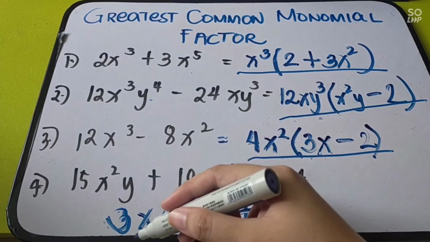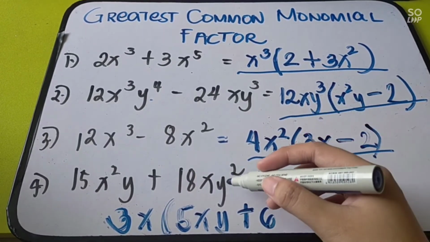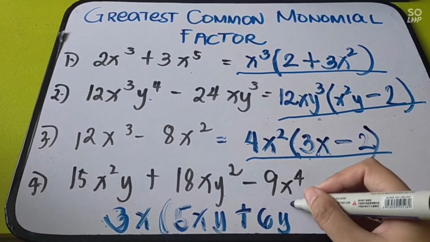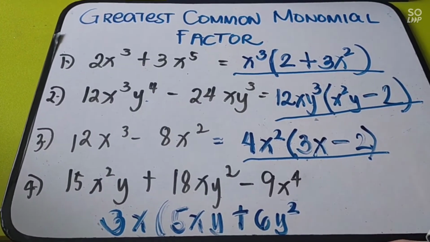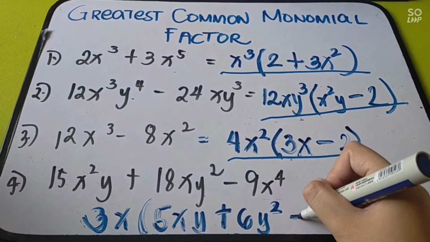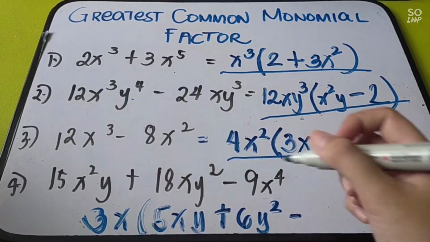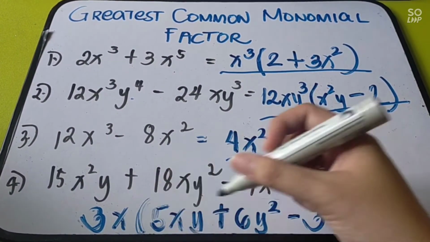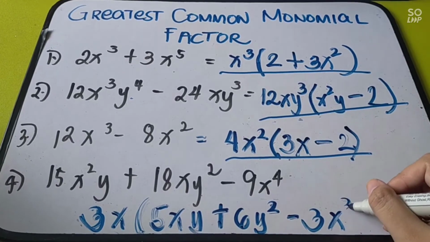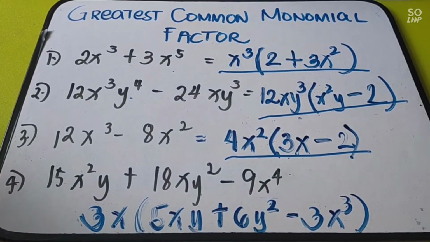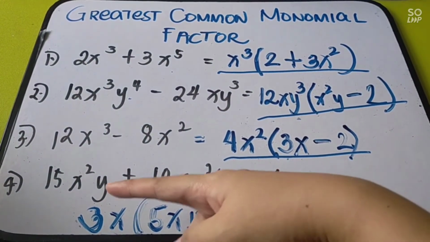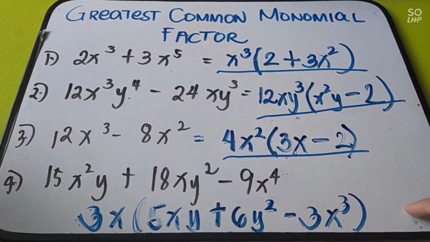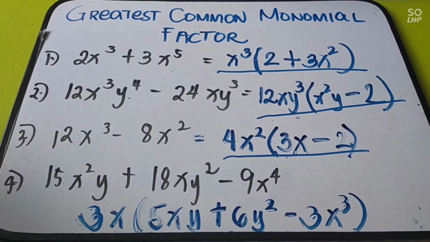Next, x divided by x, 1 na lang. Cancelled out na. Then, just copy y squared. Yan na. Next tayo, we have minus 9 divided by 3, the answer is 3. Then, divide x raised to 4 divided by x, the answer is x cubed. We're done. So, that is the factor of number 4. Is it clear? So, hopefully, nagagets nyo siya, ano?